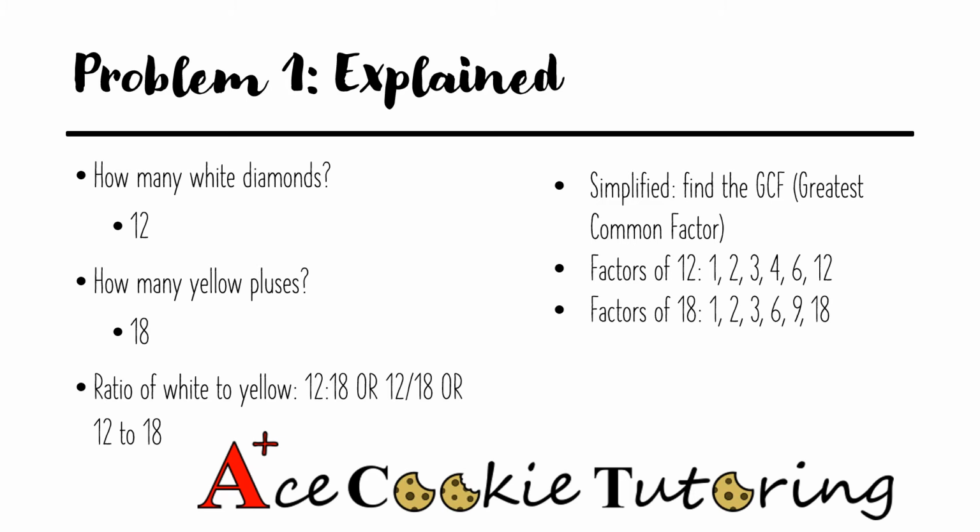Once I have my list, I just need to decide what number they both have in common. It looks like the greatest common factor of 12 and of 18 is 6. So I'm going to divide 12 and 18 both by 6. That gives me my final answer of 2 to 3, or 2 over 3, or however you want to write it. So 2 to 3 is a simplified version of the ratio 12 to 18.